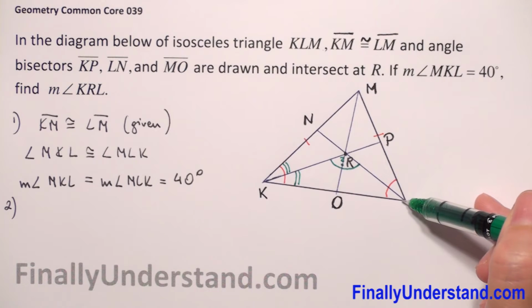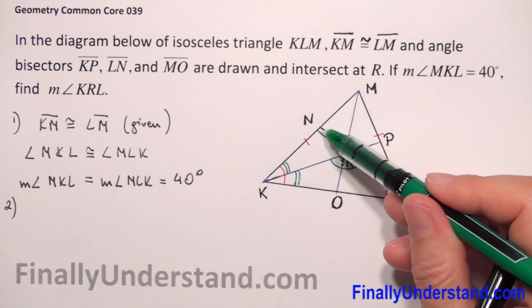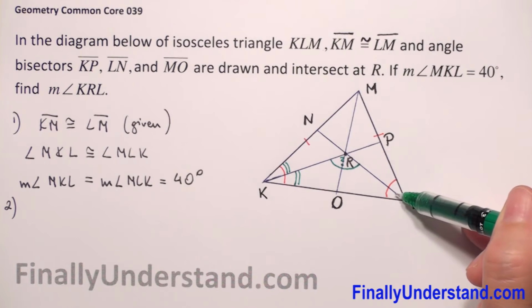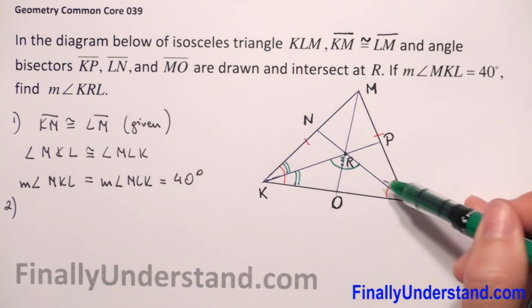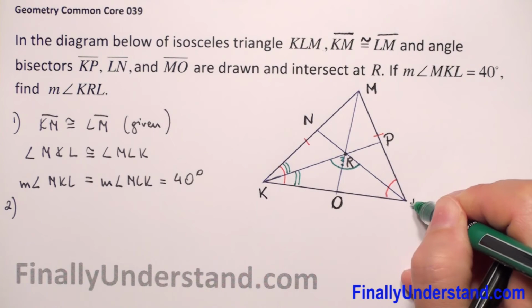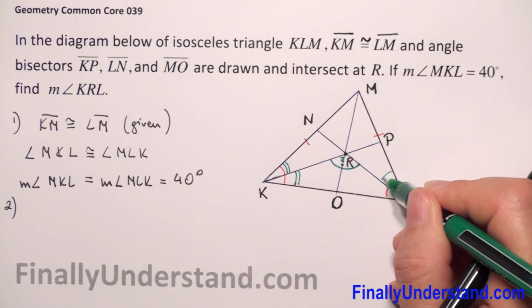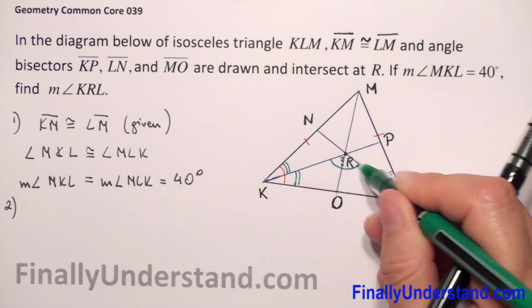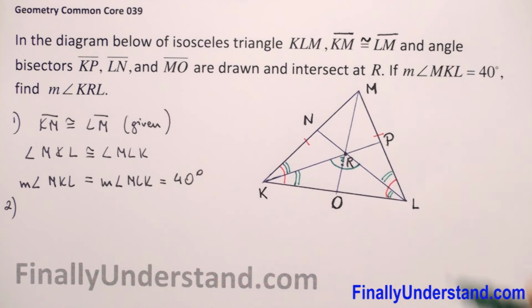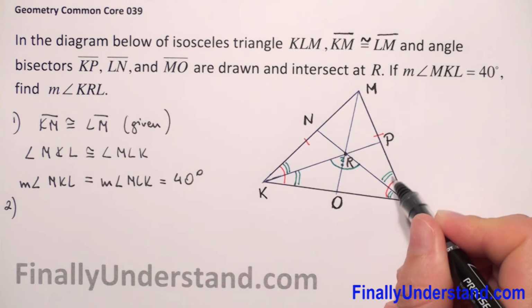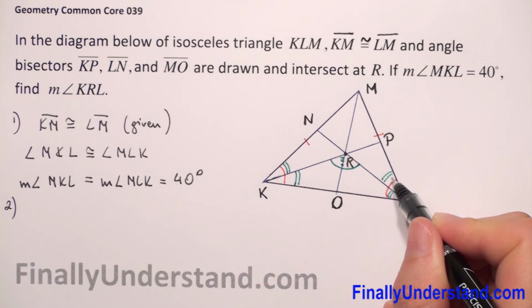And the same will be with angle L, because LN divides angle L into two equal angles, because NL is a bisector. It means that angle NLR is the same as angle OLR. And because we have 40 degrees here also, we have two angles, 20 degrees and 20 degrees.